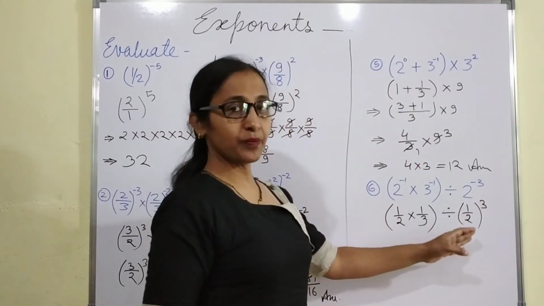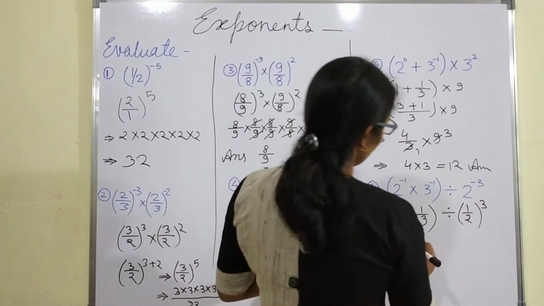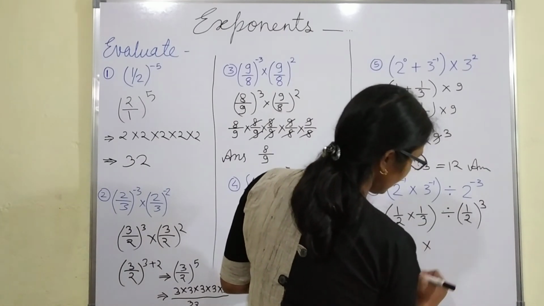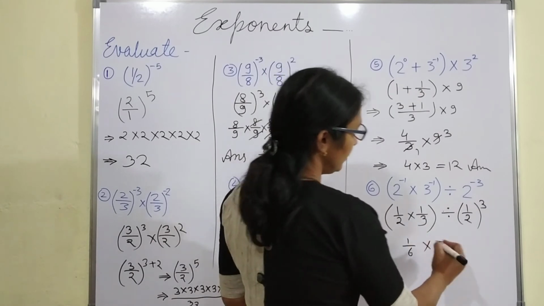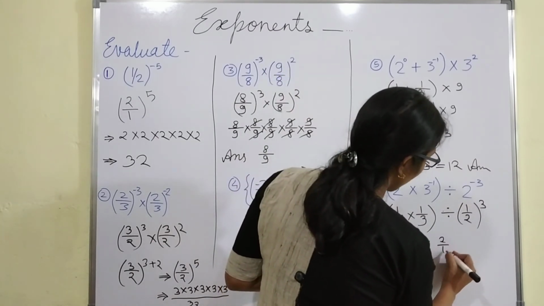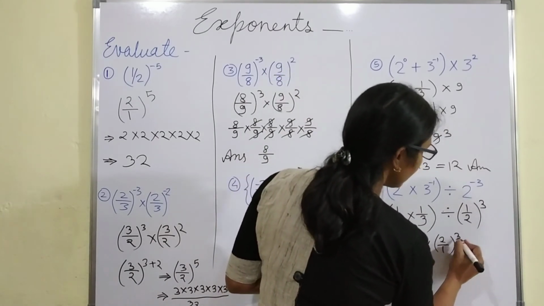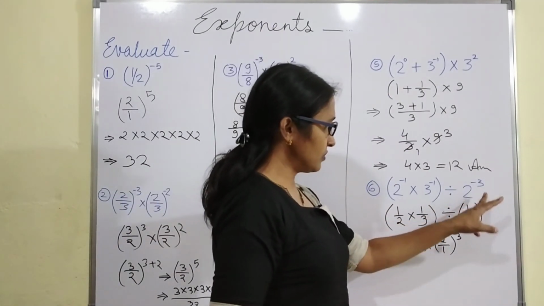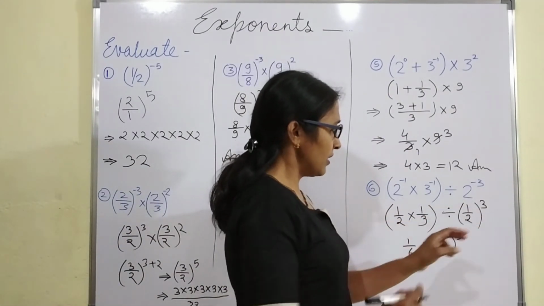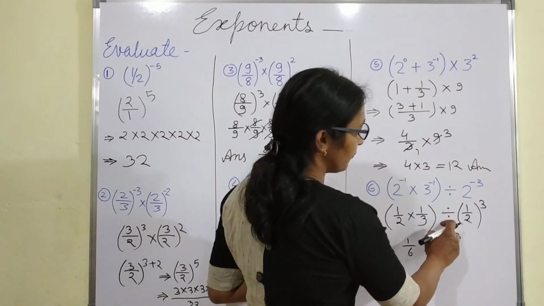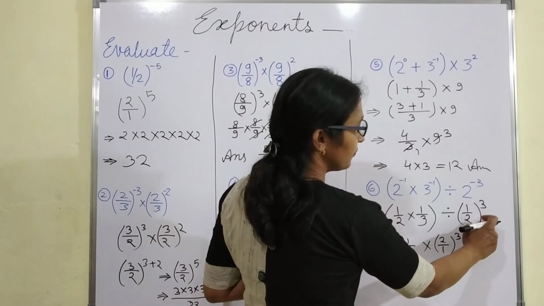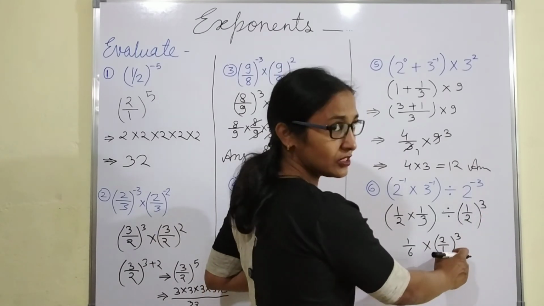First I will make the powers positive. Then I remove the sign of divide, then multiply, and the number on the right side will become reciprocal.